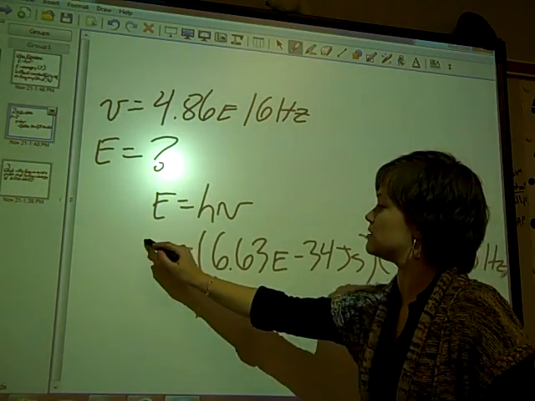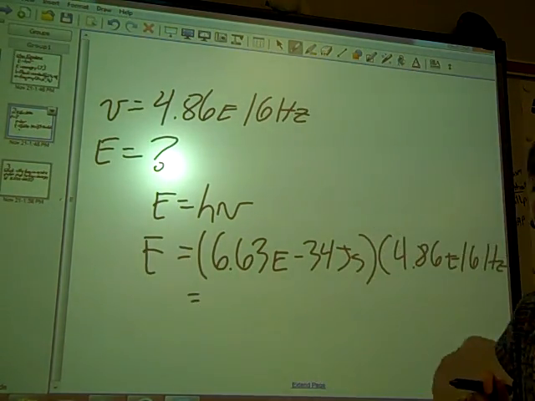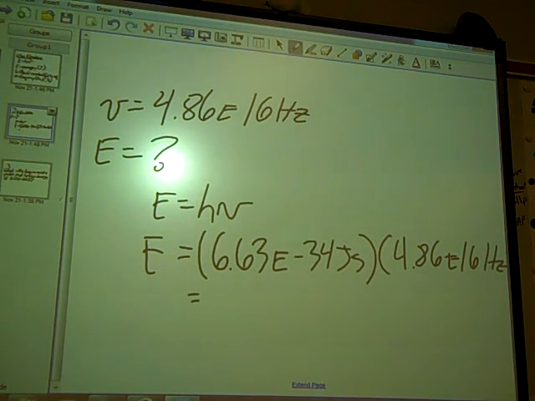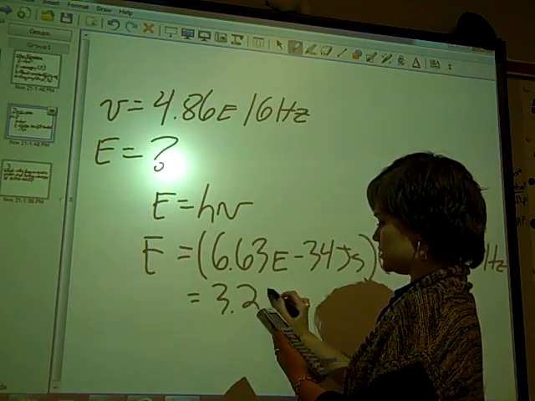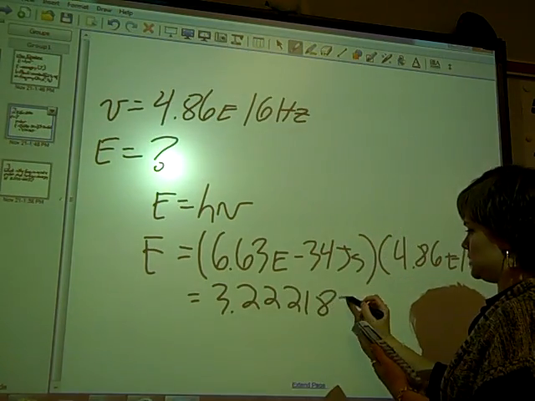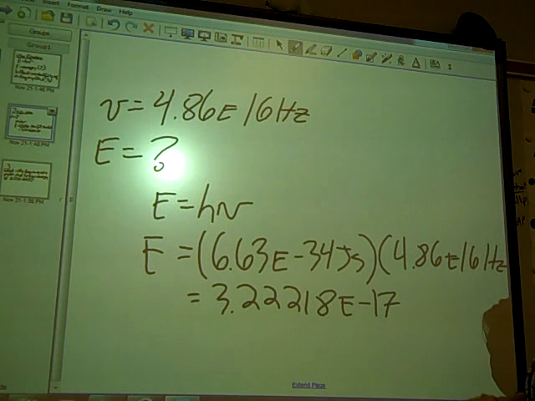And now it's just a simple matter of multiplying. 6.63 times 10 to the negative 34th, times 4.86 times 10 to the 16th, gives us an energy of 3.22 times 10 to the negative 17th, and our typical unit is joules. After this, all we have to take care of are our significant figures.